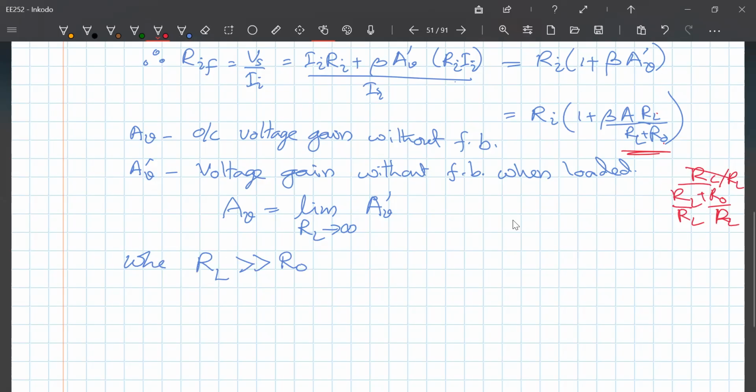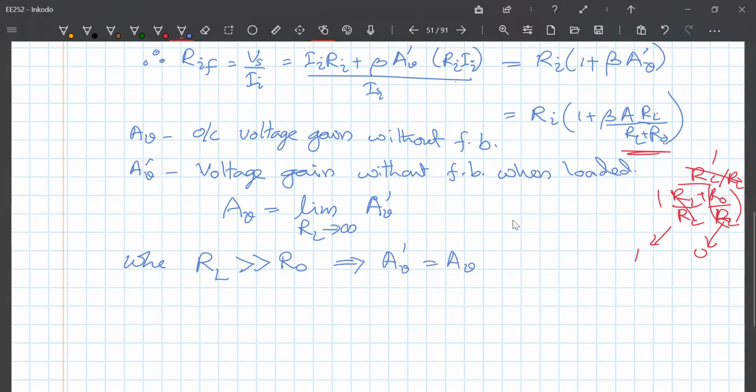So this is 1, this is 1. R out divided by RL will be very small because R out is much smaller than this, so this will approach 0. So this whole thing will be roughly equal to 1. Therefore I can write AV dash approaches AV.